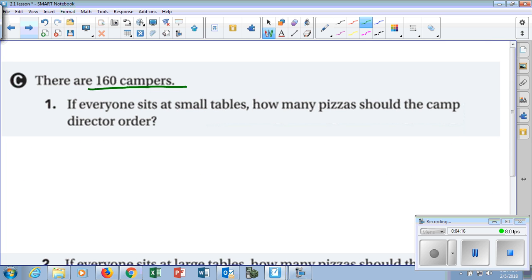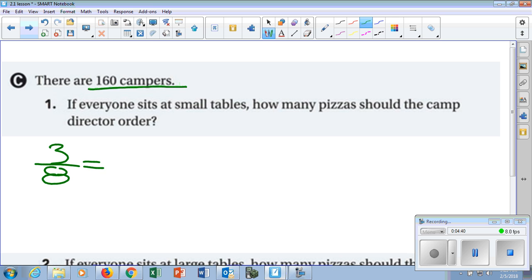160 campers. At our small table, what did we say was the proportion? What did we write, Sophia, for our small table? Yep, 3 over 8.